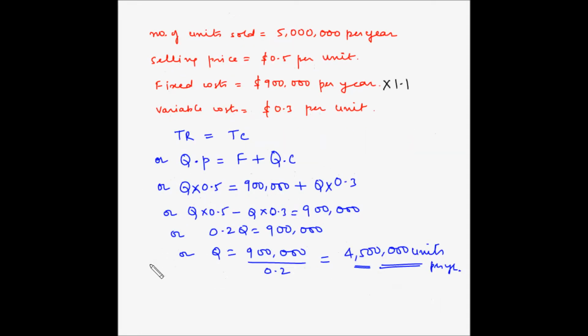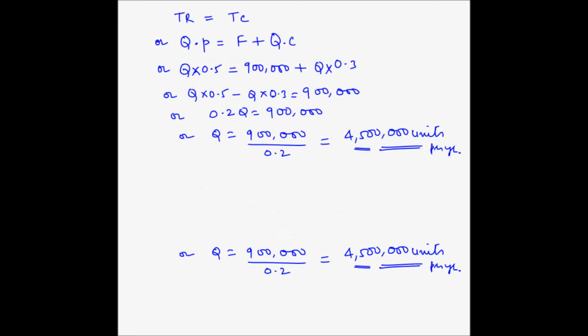Now the next change that we have to assess is a 10% increase in selling price and a $20,000 increase in fixed cost.